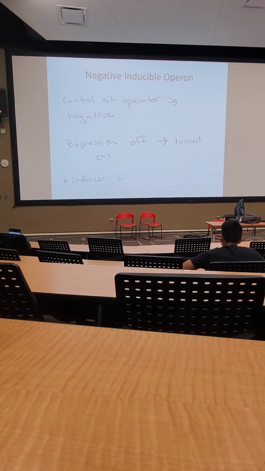That'll be a small molecule that interacts with the regulator. We're going to see the same slides we saw, but now we can add more descriptive language to these operons by combining these terms.